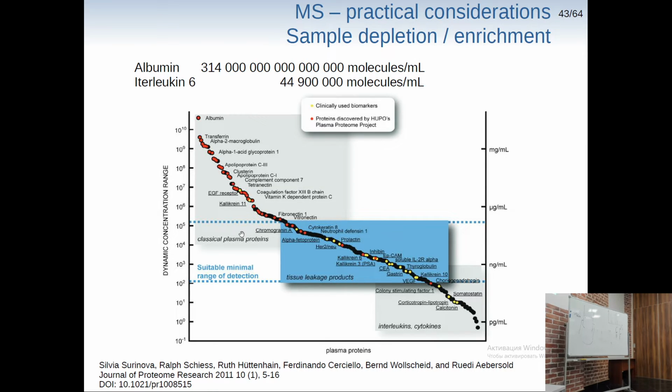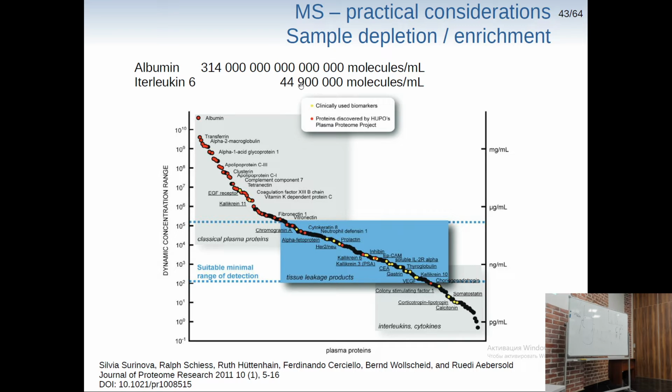The problem that we have here, and why we can't see the whole proteome, is that, for instance, we have human serum, and per 1 liter of human serum, sorry, it's not a milliliter, it's a liter, we have this many molecules of albumin. But for interleukin 6, for instance, we have only this many. You see the difference in just the numbers.